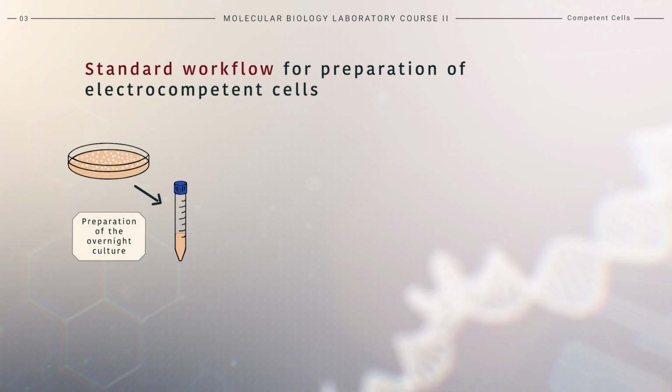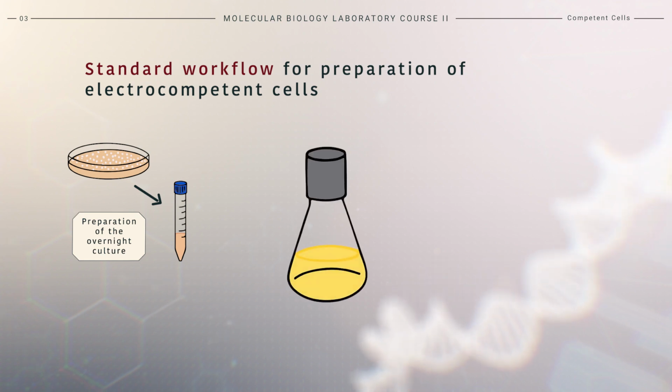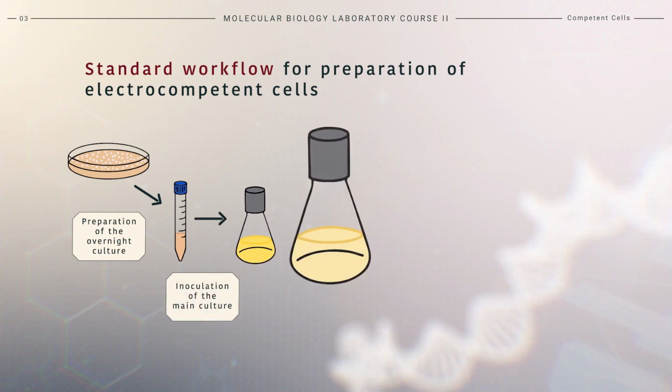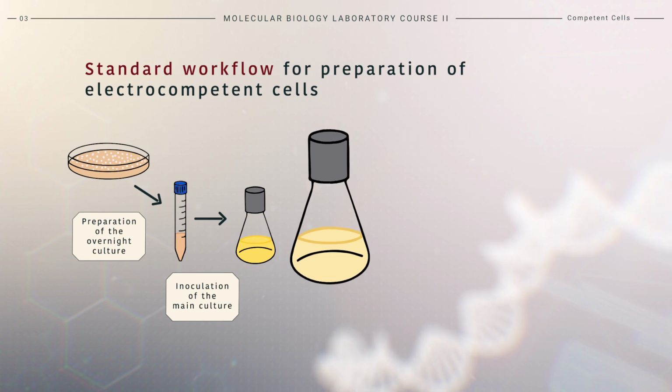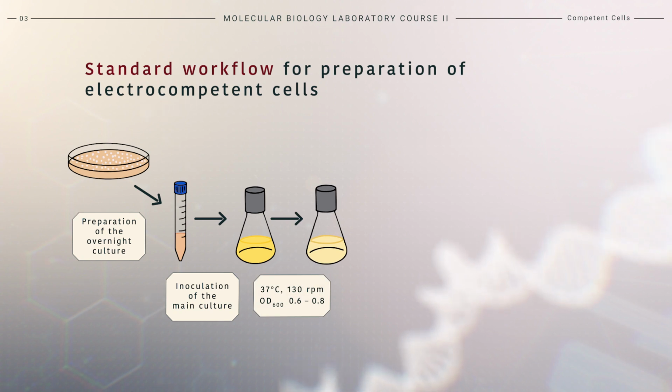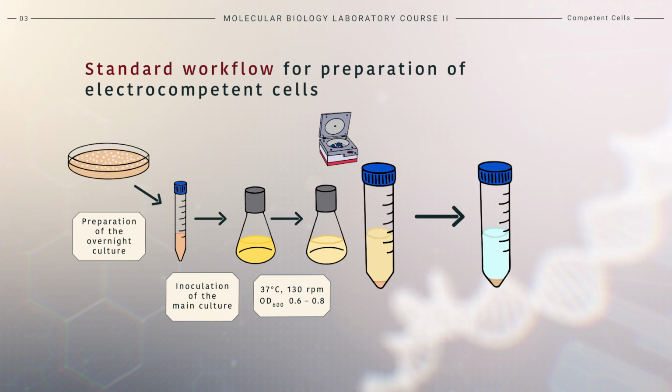The overnight culture is grown at 37 degrees Celsius with agitation. The next day, it is used to inoculate the main culture. The main culture is grown also at 37 degrees Celsius with agitation until it reaches an optical density of around 0.6 to 0.8. Further on, the cells are harvested via centrifugation.